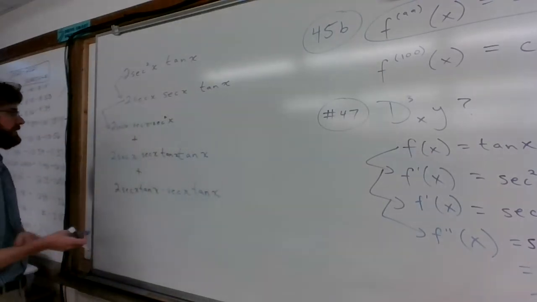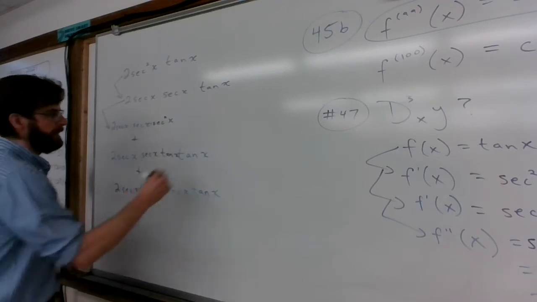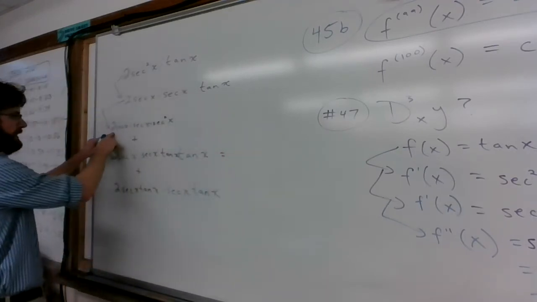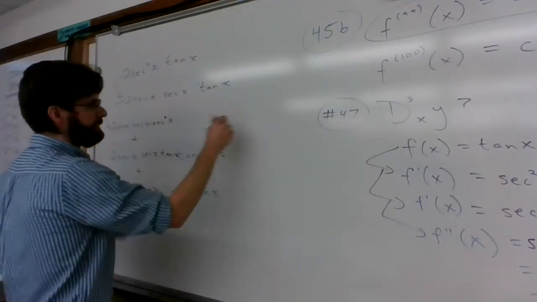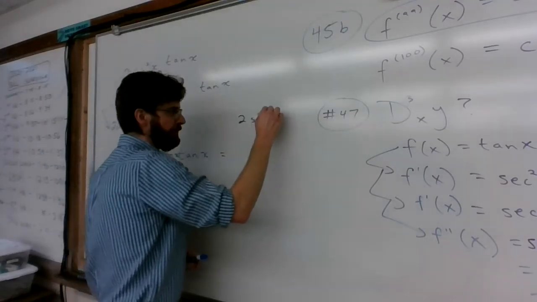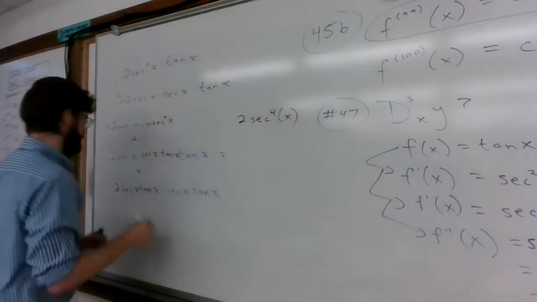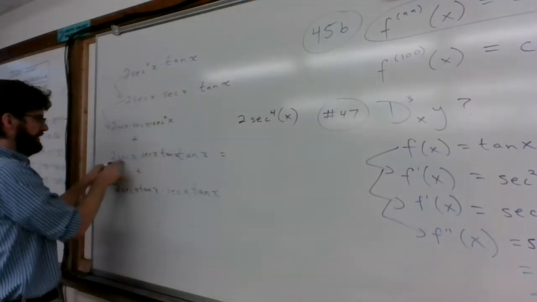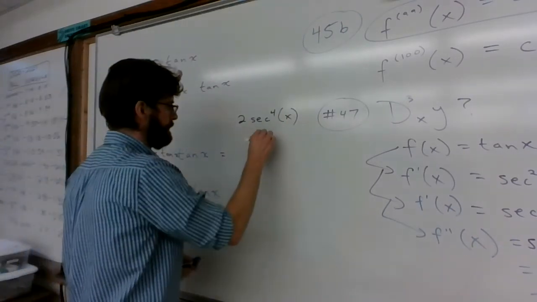Wow. Okay. What do we got here? We've got 2 secant, secant, secant, secant. 2 secant to the fourth. Here, 2 secant squared, tangent squared.